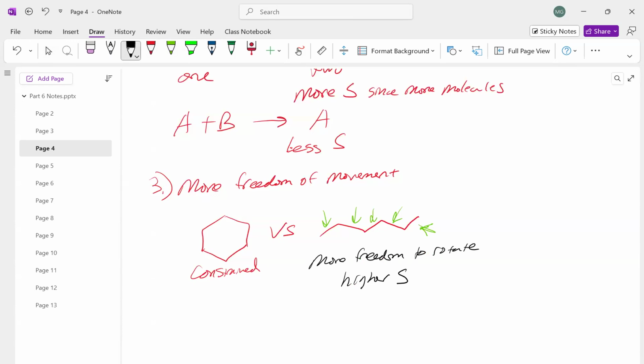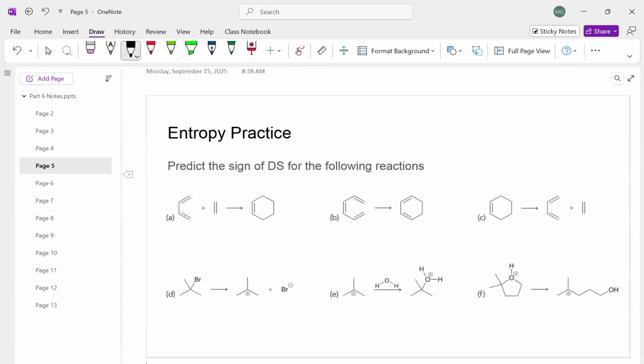So let's just look at a few examples of this. We're going to predict the sign. We're not going to actually formalize the numbers. We're just going to predict what the sign should be for these reactions. So if we look at A, we're starting with two molecules and we're going to one. That is more ordered, and so you would expect delta S to be negative here.